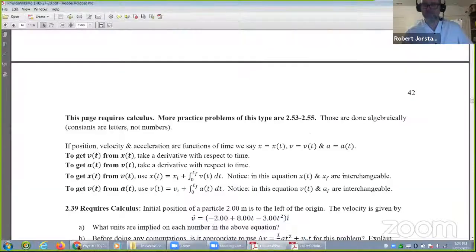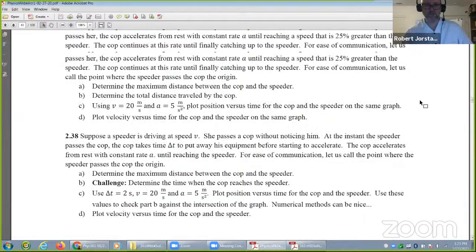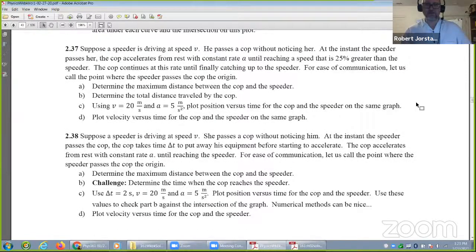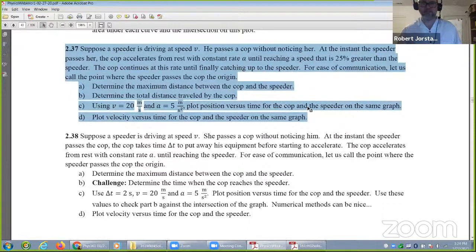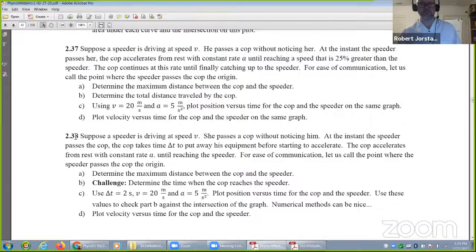All right, I'll bring it back up. Okay. So, yeah, let's do that one. 2.37 or 2.38, whichever one you want to do. I'll probably start looking at 2.37 and write it up more thoroughly here. Oh, wait, we just did that one. Let's look at 2.38.